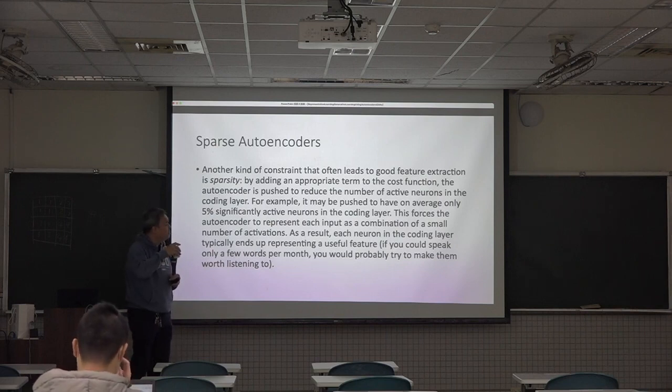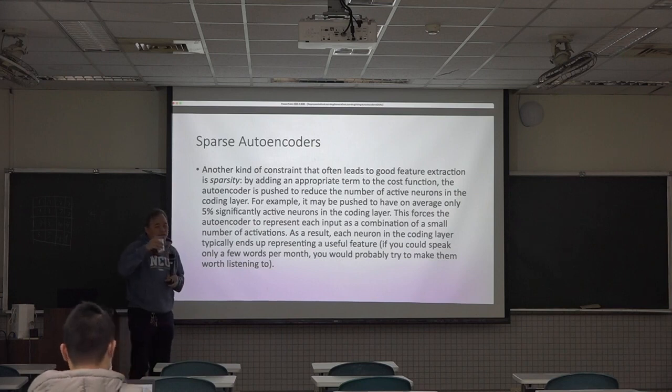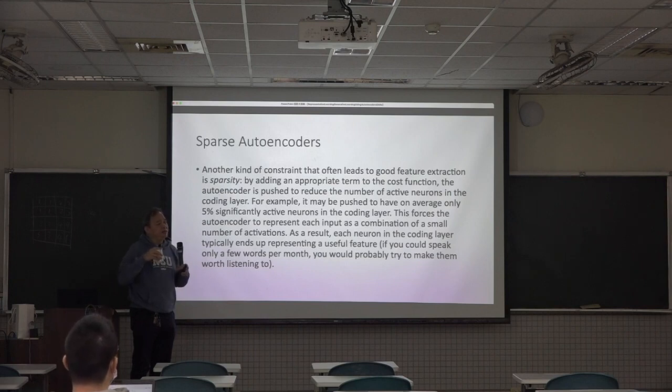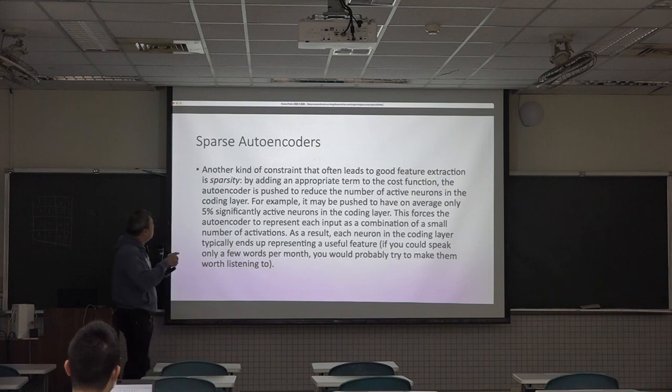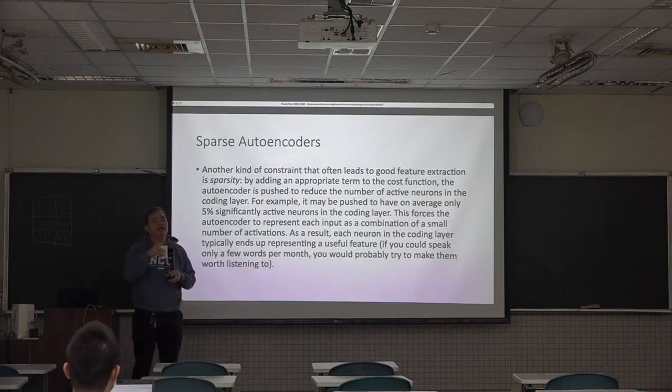We try to make the coding layer activate as little as possible, and by enforcing the coding layer to react as little as possible, or enforcing what we call sparsity, the coding layer is going to represent important features.